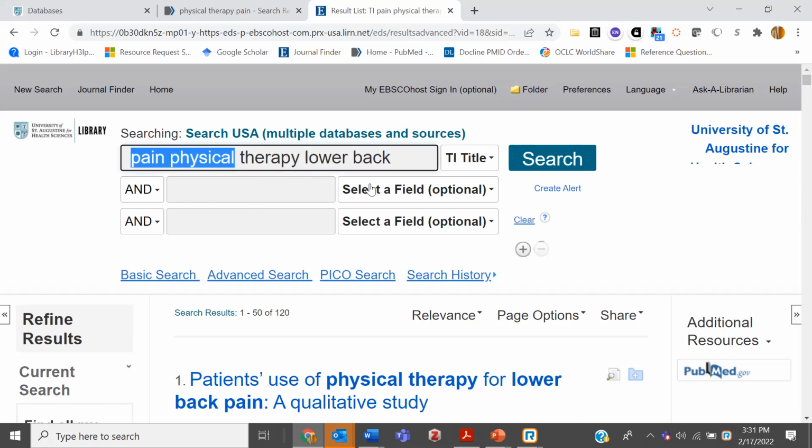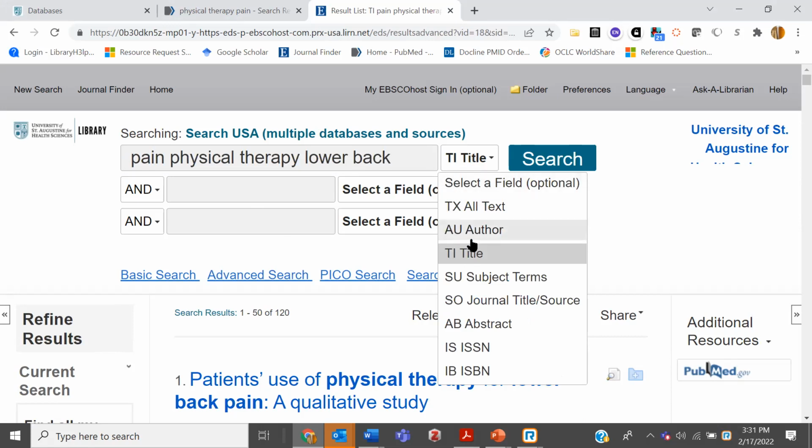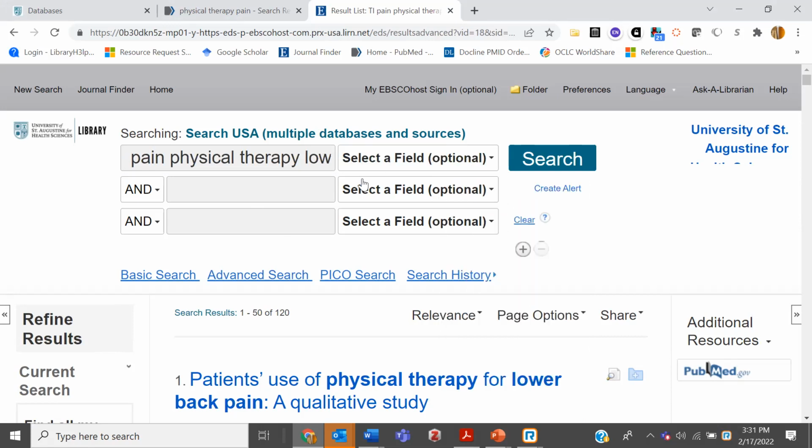So anytime you find yourself getting too few results, look at your search string, look at your specifications. Like, we're looking for all that information in the title, so we might want to do more of a keyword search.